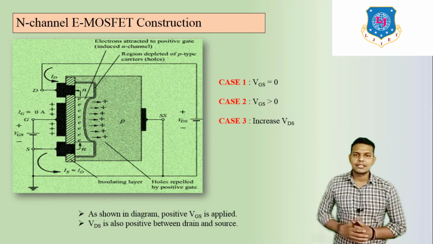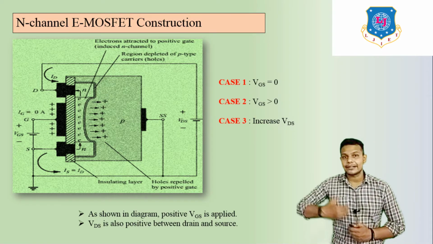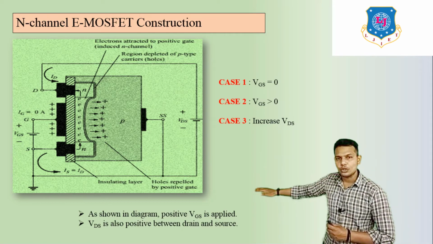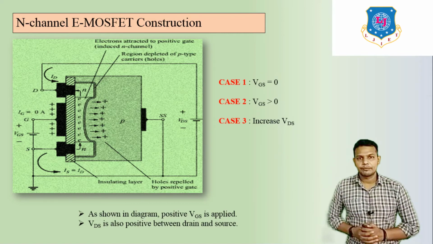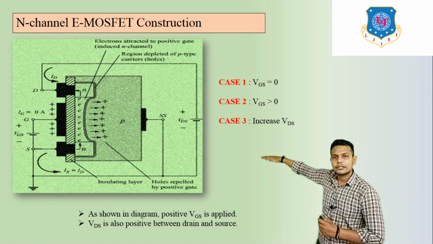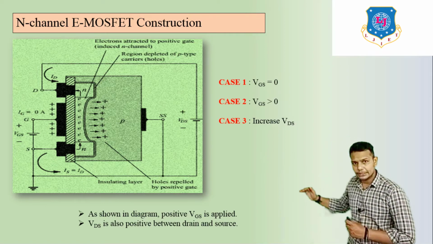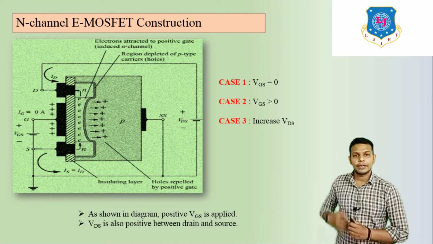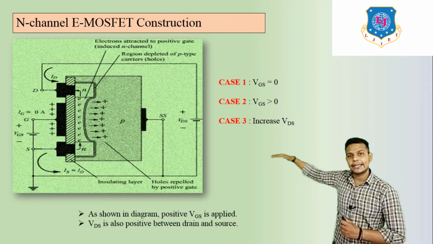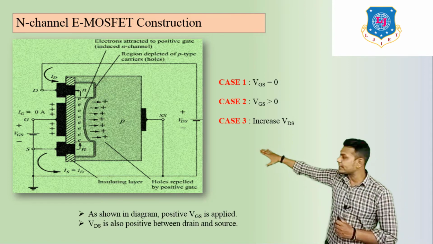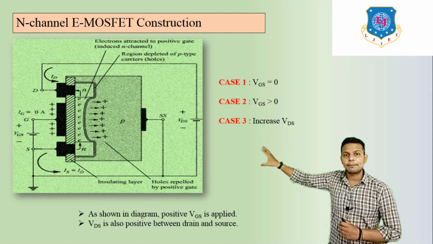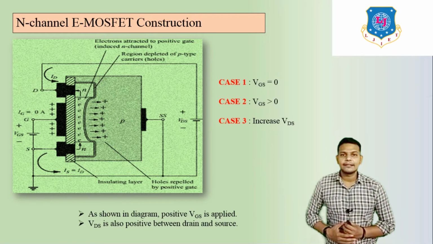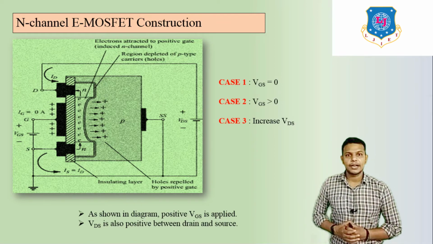Now let us discuss case number 2. If you apply VGS greater than 0, we connect one positive supply to the gate to source terminal. Here the positive terminal is connected to the gate terminal, and the negative polarity is connected to the source terminal. Due to this positive terminal, in the construction there is P-type material, the P substrate, whose majority carriers are holes and minority carriers are electrons.